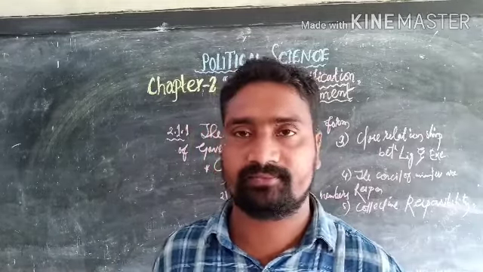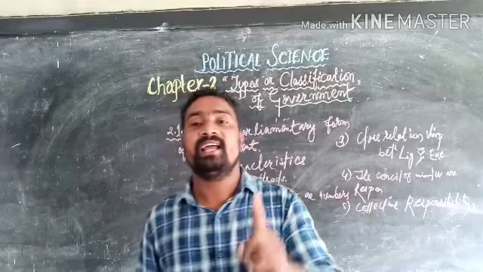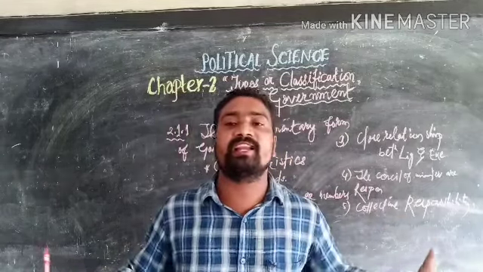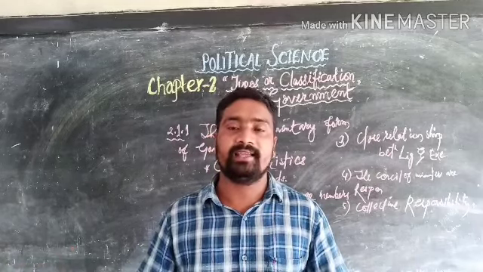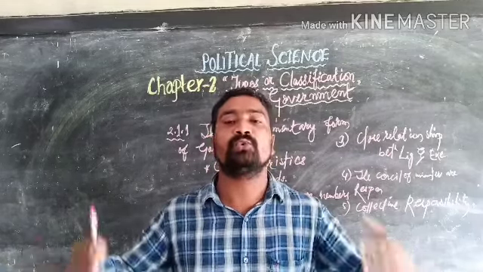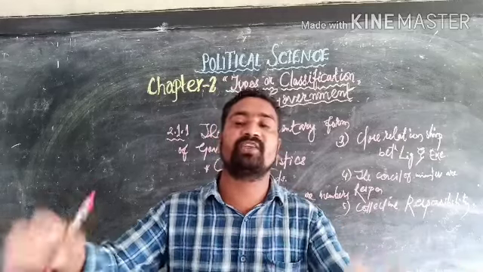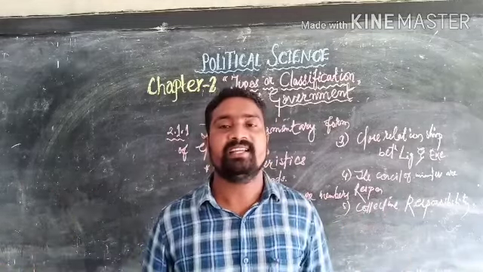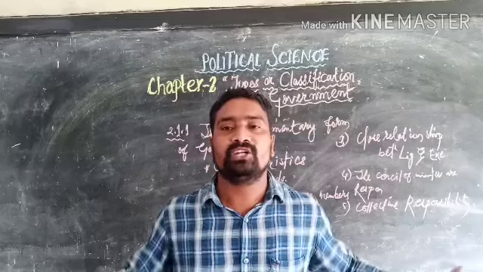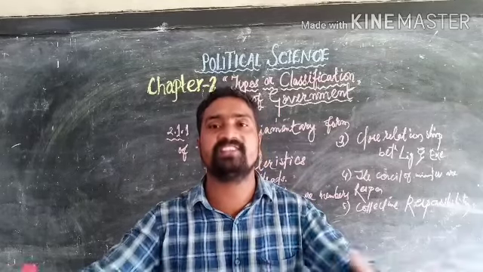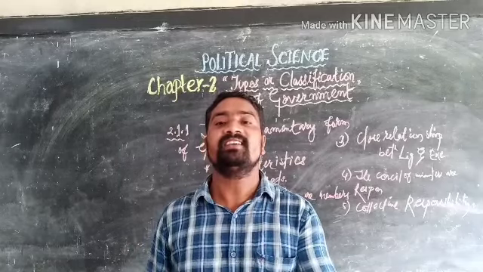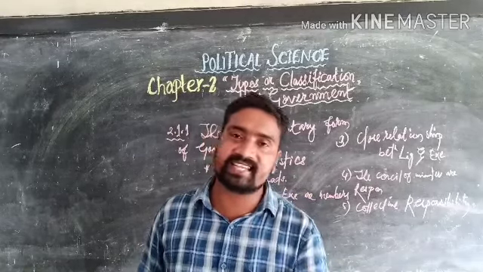So what happens? If after the election a single party fails to win the majority, there is the possibility of 2 or 3 different parties coming together and forming an alliance government.